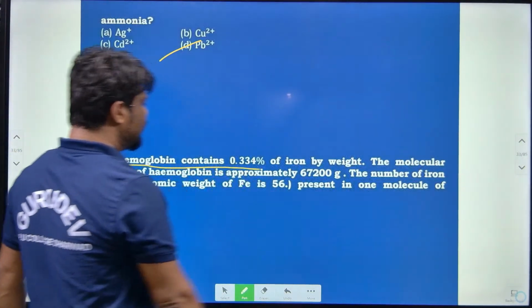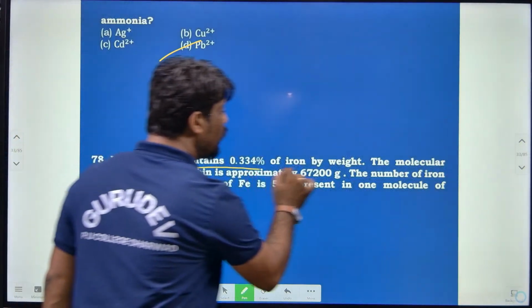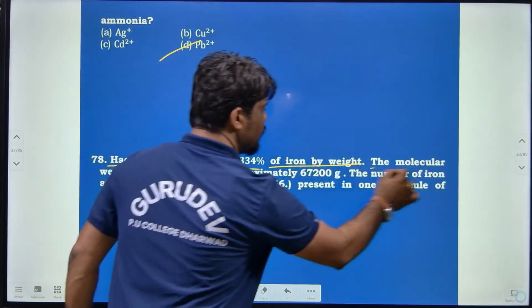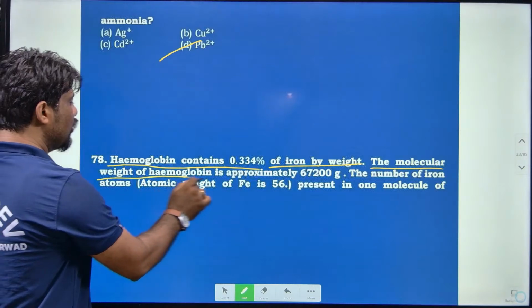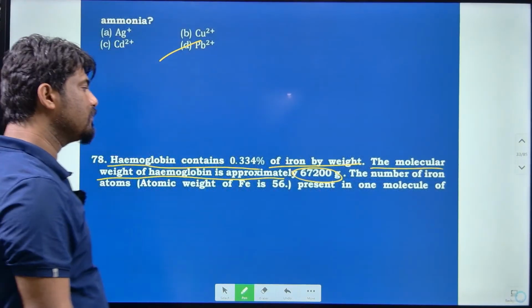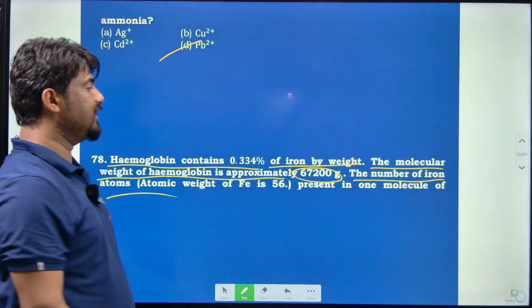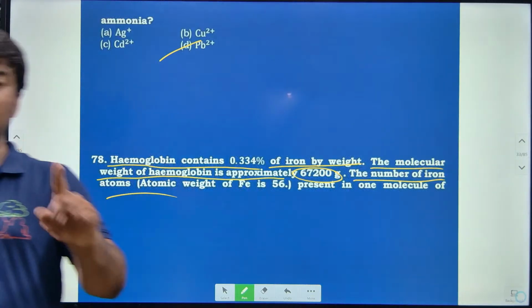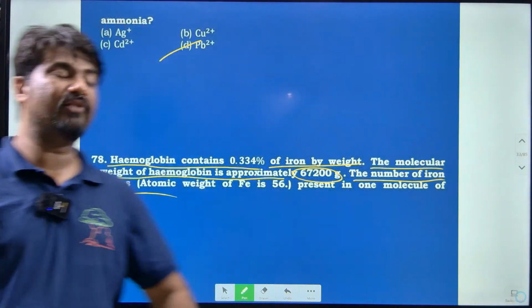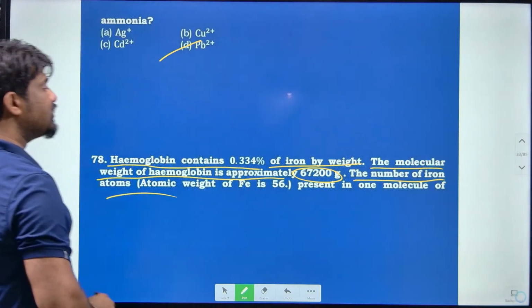Hemoglobin contains 0.334% of iron by weight. The molecular weight of the hemoglobin is approximately 67,200 grams. Then the number of iron atoms present in one molecule of hemoglobin? First we should check the mass of the iron.